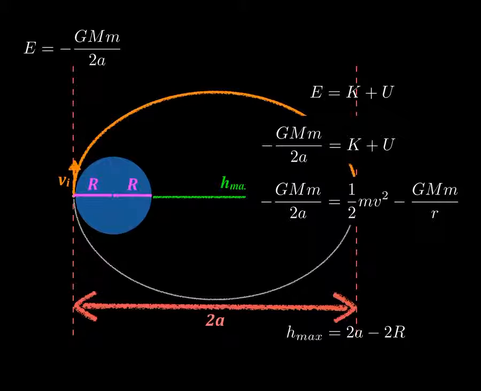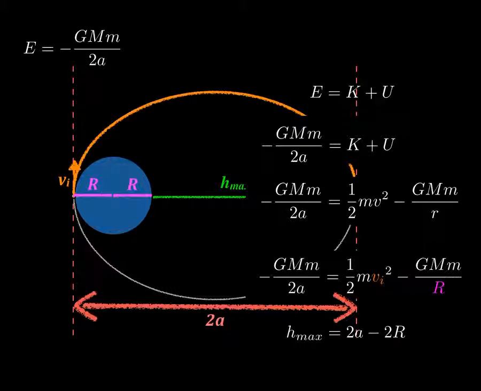The substitution we're going to make is for the point we described, where the satellite is being projected from a point that's right near the surface of the more massive body. So I'm going to substitute vi for v in that expression on the right-hand side, and r for the radius.